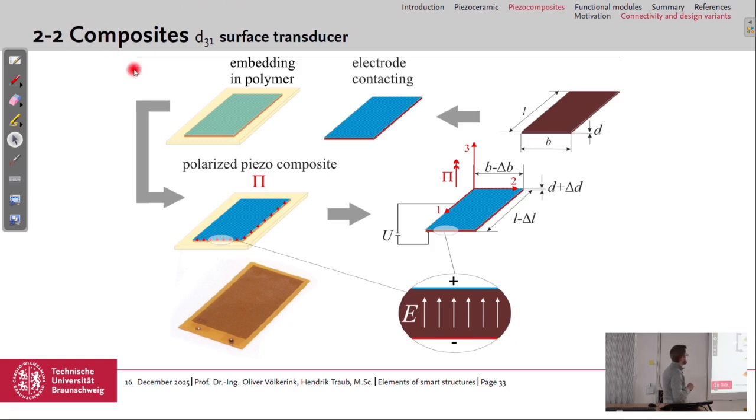If we use 2-2 composites for surface transducers, then we have the field in thickness direction, but as always for surface transducers, we want to use the in-plane elongation, and therefore here the D31 effect is used. The manufacturing process is the same. We have the composite, the electrodes applied, embedded in a polymer around. So this is already the composite, but we embed it in more polymer for the functional module. We will see later on the manufacturing of the transducers.